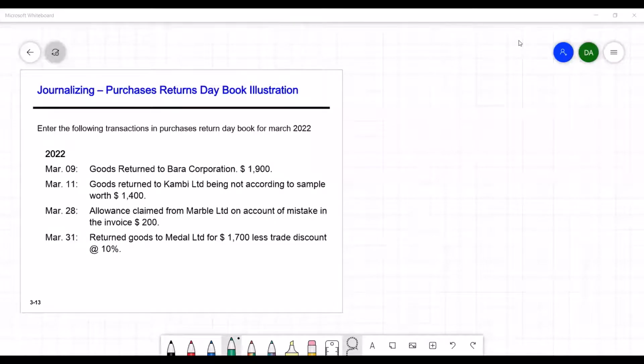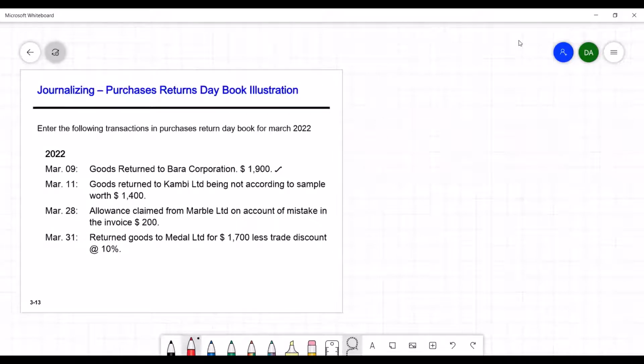Let us consider this question to illustrate this concept. It is as follows. Enter the following transactions in the purchases return day book for March 2022. On 9th March, goods returned to Barra Corporation, $1,900.